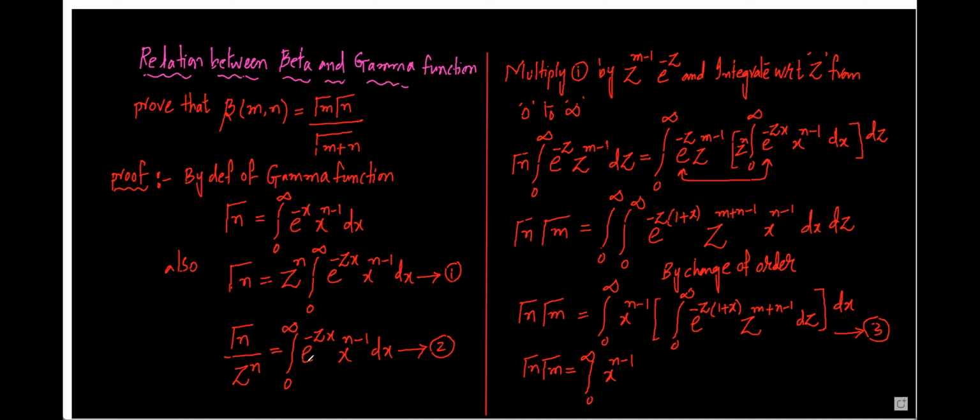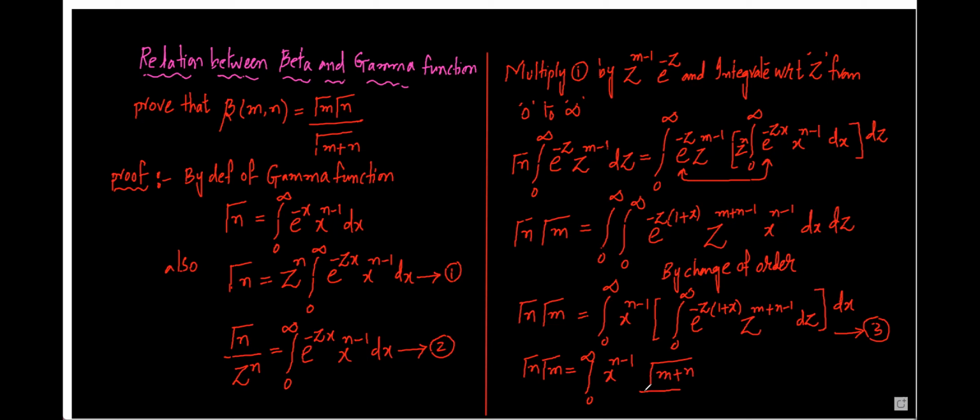First, I will explain what equation number 2 is. Whatever the term, here the variable is x, here the variable is z. Forget about the variables. Here the power is n minus 1, that's why the numerator is gamma of n. But here the power is m plus n minus 1, so the numerator value will be gamma of m plus n.